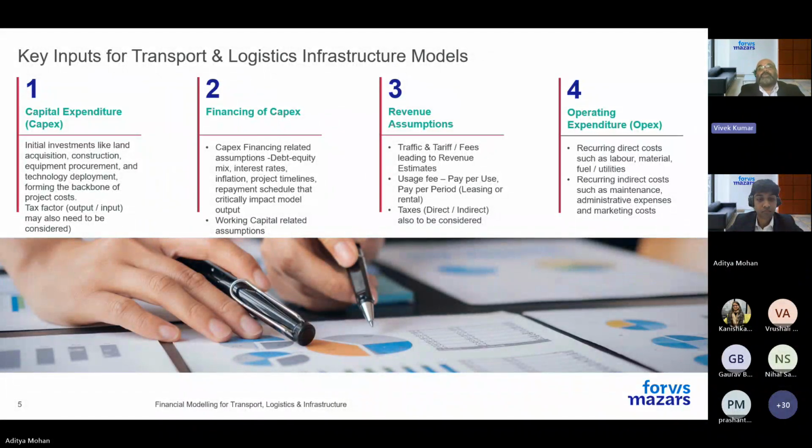So everything which is material to the project model, to the business model in the real world, should be considered as a variable. And that's one. Second, it's a measure. So there is a quantification which has to be done. Everything you bring into the model is quantified in some manner.